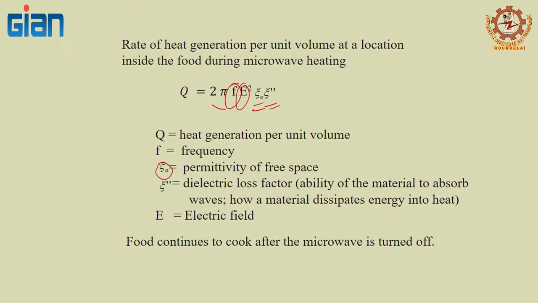Epsilon 0 is the permittivity of free space, and epsilon double prime is the dielectric loss factor. We will talk about that in the next slide. The dielectric loss factor is the ability of the material to absorb the wave, how the material dissipates energy into heat. So, there are two parameters.